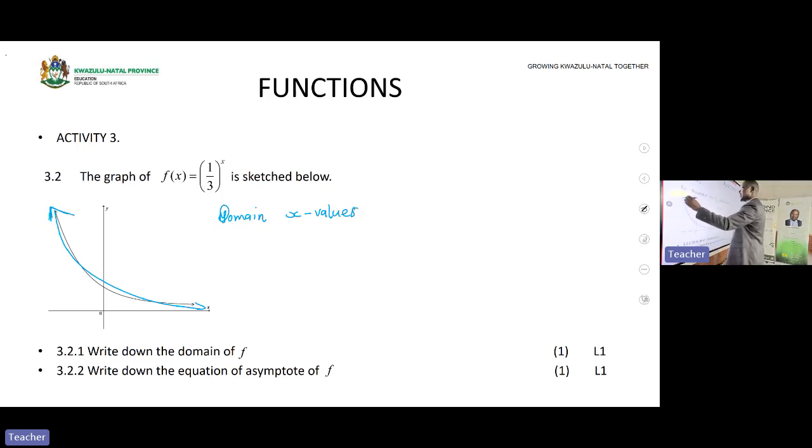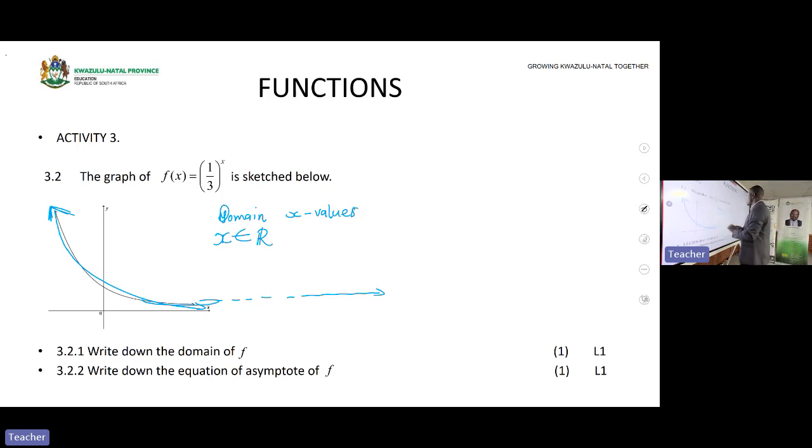And as you can see, there is that arrow. So it means the graph, we don't know where it is starting. And when you look at the graph as it continues, we don't know where it's ending. In fact, for the exponential graph, the domain does not change. It's always x is an element of all real numbers, unless maybe there is a restriction somewhere.